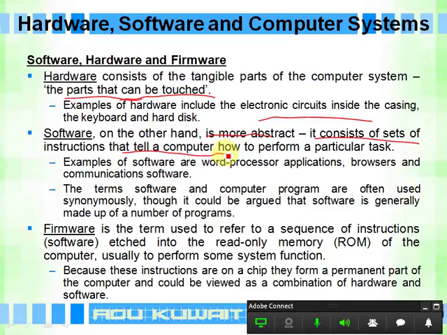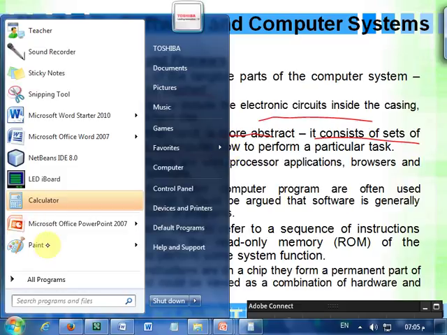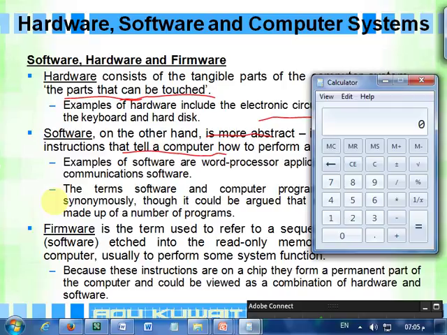For example, a calculator is a software, used to do calculations like addition, subtraction, 23 plus 33. Inside this software, what is there? A set of instructions written, some commands written to make these calculations.